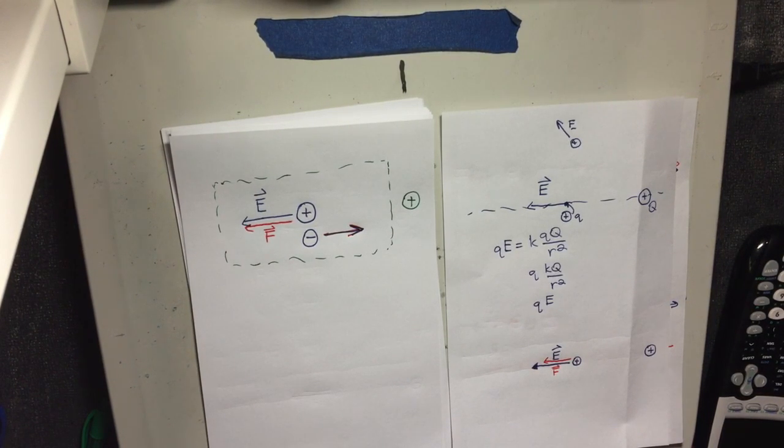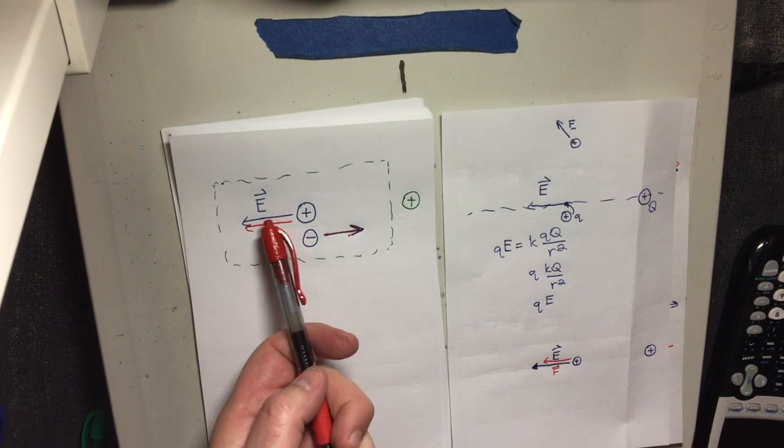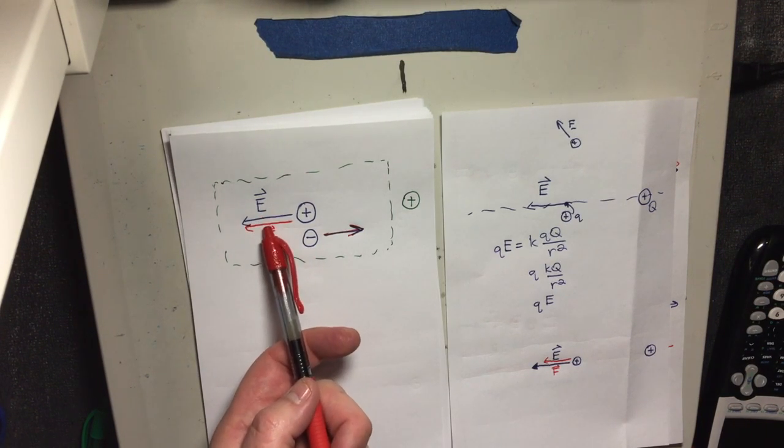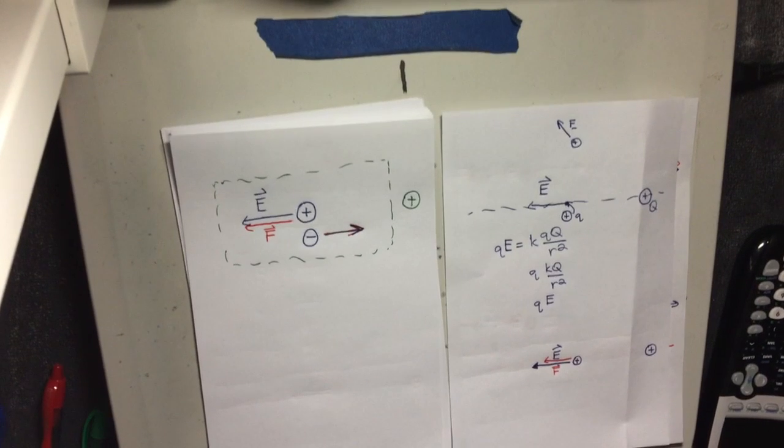So really, all this is now is physical science, just doing the English. Where the E field points to the left, I declared it was to the left. I'm giving you a problem: you're a charge in the room, the electric field is to the left, you're a positive charge, which way do you go?